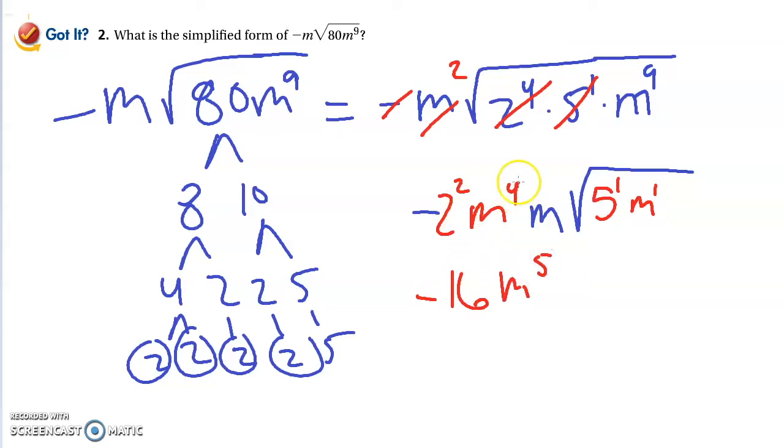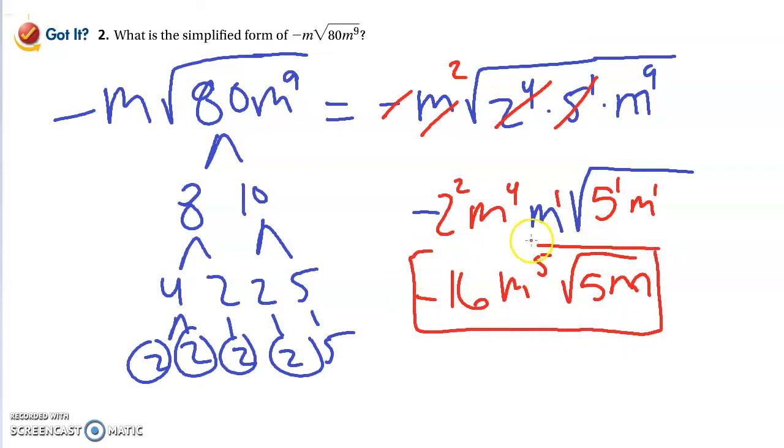M to the 5th power, because m to the 4th times m to the 1st power is m to the 5th. Square root of 5m is supposed to be an m. Cool.